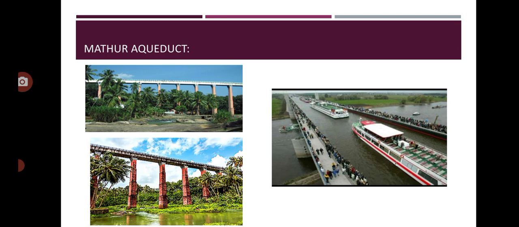On the right side of the image we can see the canal system can also be used as a transport way. They can be used for traveling from one place to another, that is, canal above the drainage system.